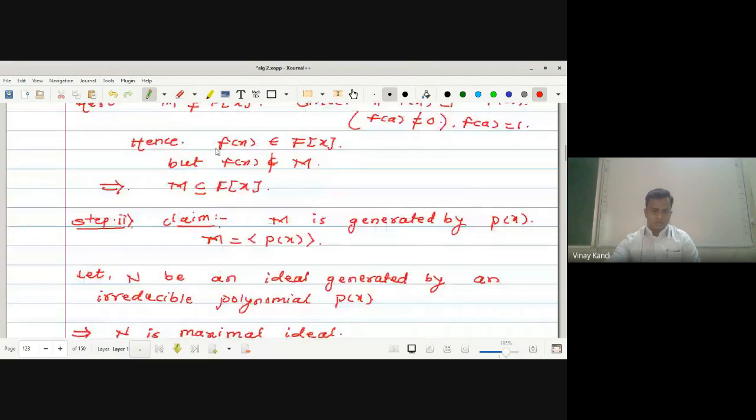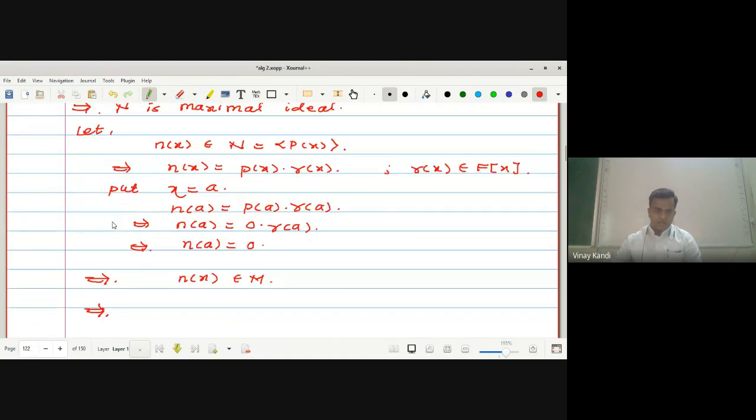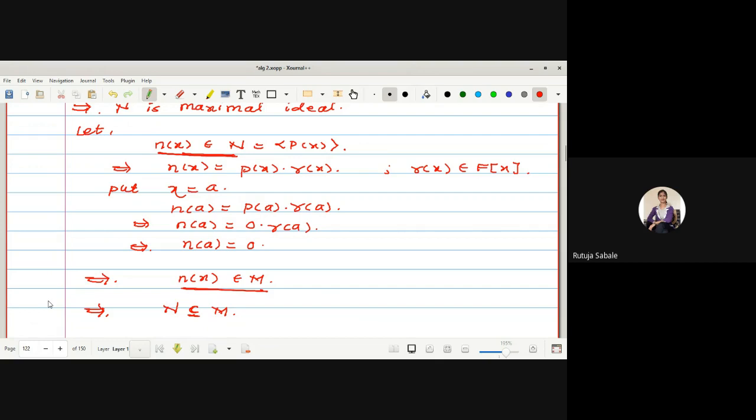Okay, so which implies here we took the element n of x belongs to N, and here comes n of x belongs to M. It means that this N is contained in M. Any doubt? No, sir.